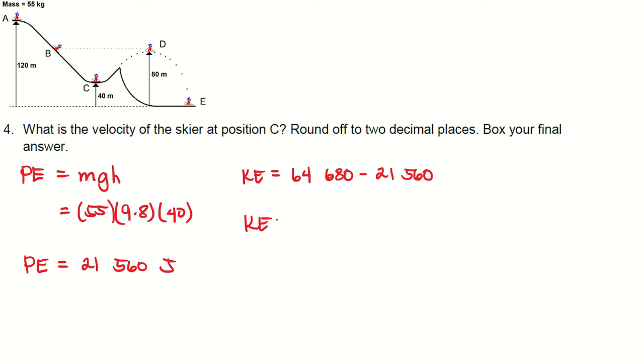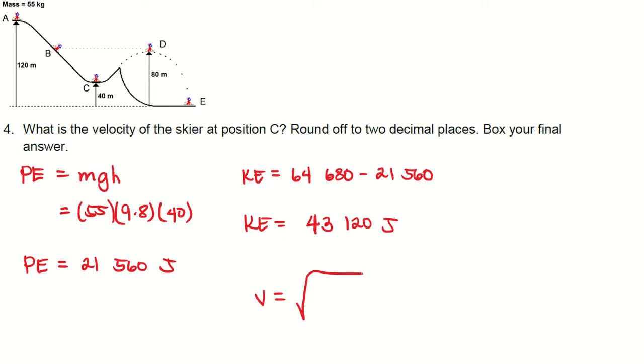So we get the kinetic energy 43,120 joules. Again, we can use this value to find the velocity.